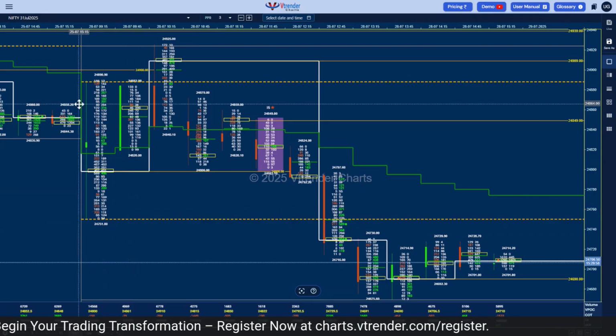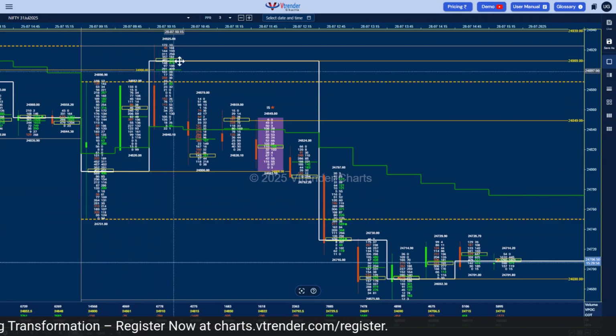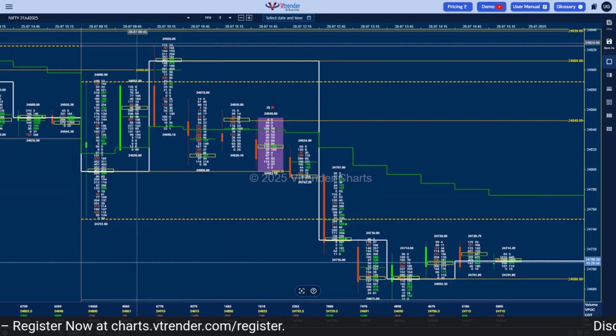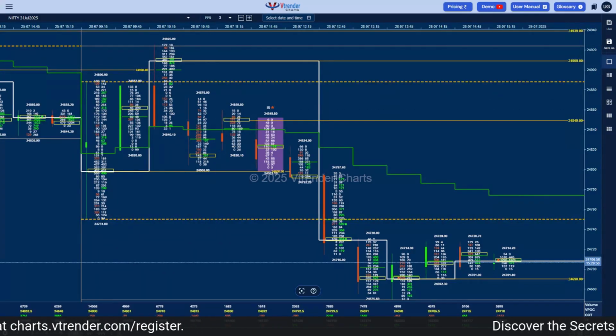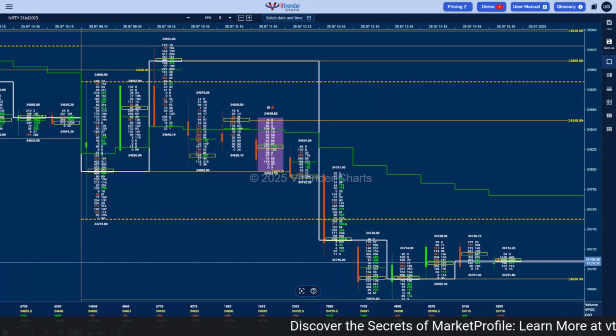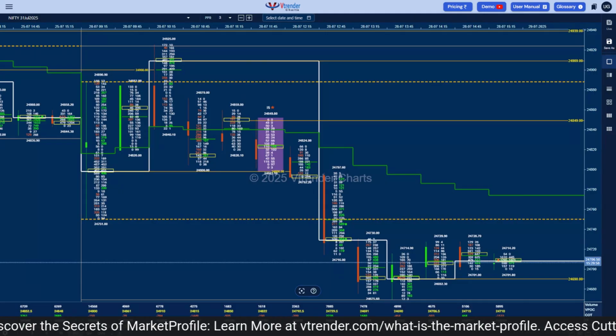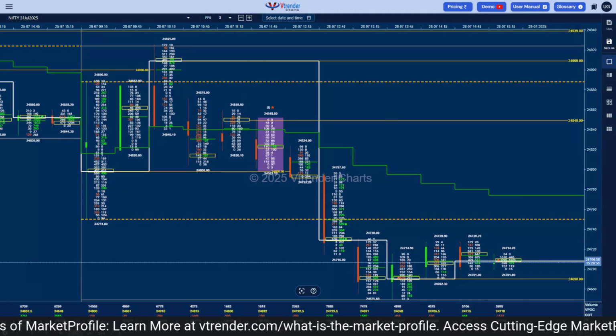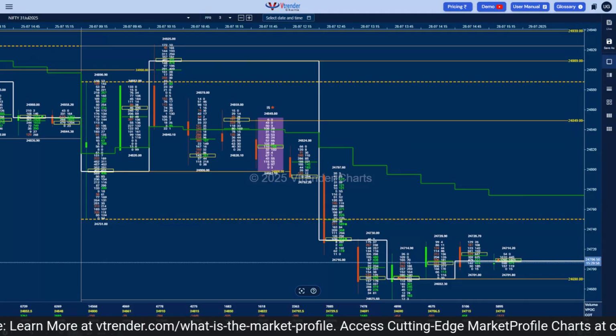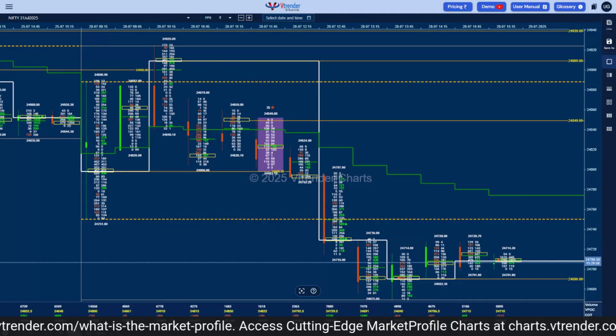We got back into previous range and value, but we made a typical seaside, and the typical seaside was seen because we got an RS bar. You can see how this RS bar came in, not just RS but also the POC shifted from 24800 to 24910.